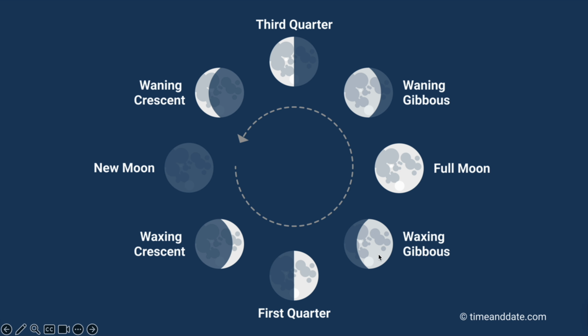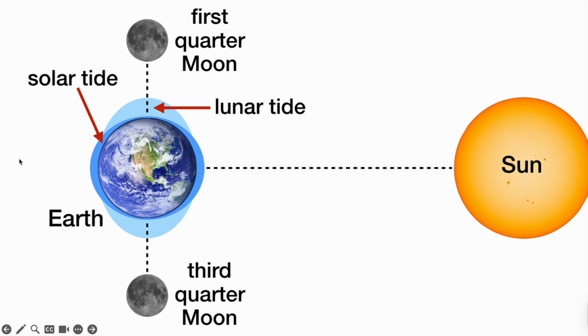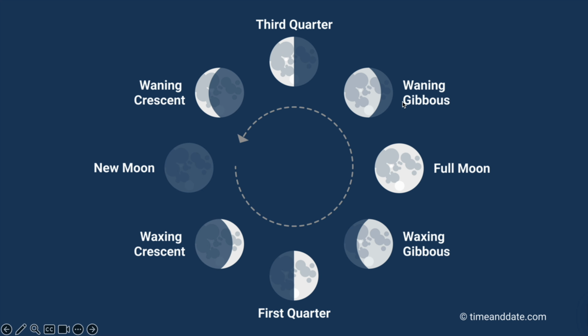Gibbous is going to be when most of the moon is covered. Crescent is this shape right here. Your full moon is going to be on this side of the earth. That's when the sun is shining on the moon, right? And you're going to have your waning gibbous, okay? Waning, again, meaning what? It's getting smaller. Then your third quarter, and your waning crescent.